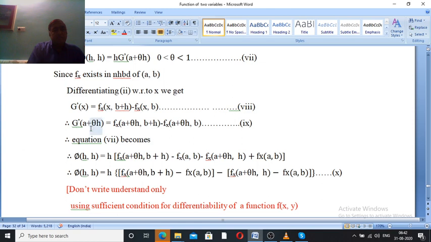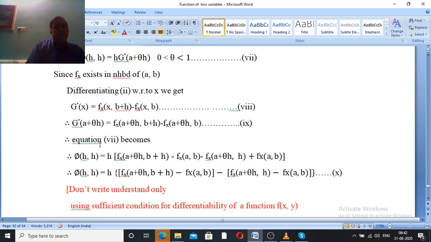Therefore, g'(a+theta h): put here x equal to a+theta h. g'(a+theta h) is equal to fx(a+theta h, b+h) minus fx(a+theta h, b). Suppose this is equation 9.